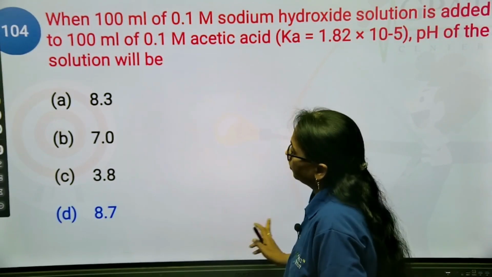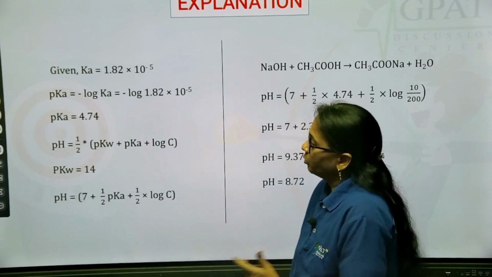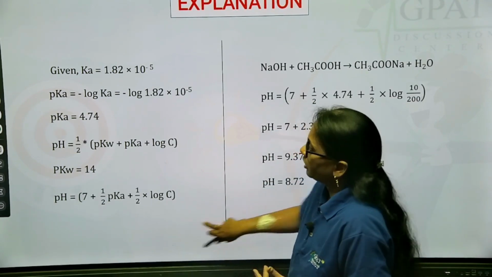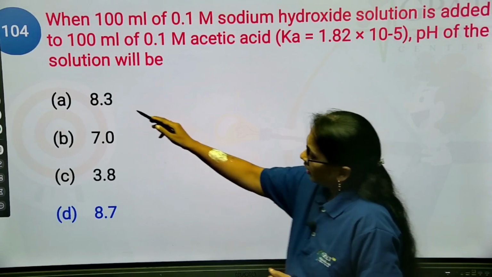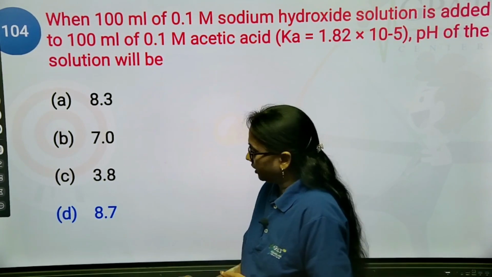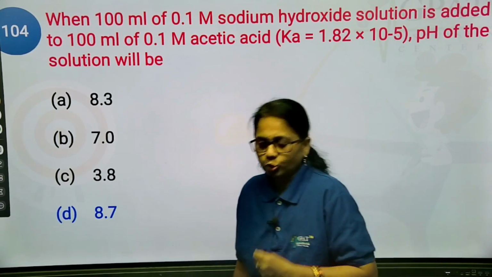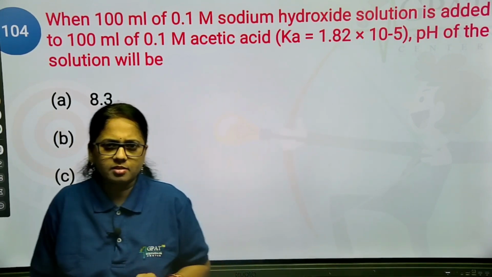With this, if you see the calculation part, then we will come to know what might be the option. The options are A 8.3, B 7.0, C 3.8 and D 8.7. By seeing the question itself, we can guess some of the answers.